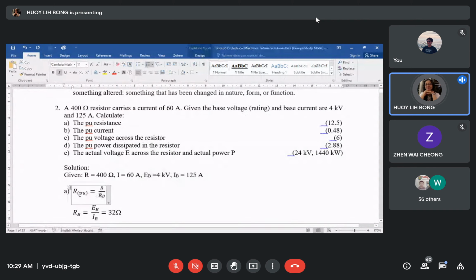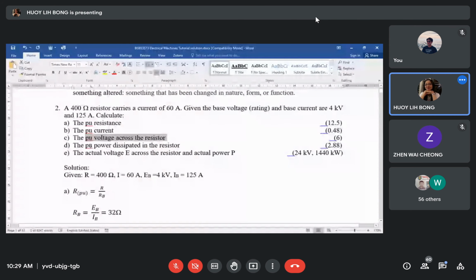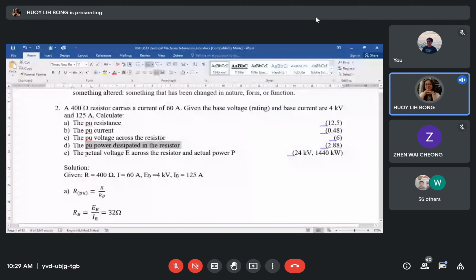So for this information, they ask you to find per unit resistance, per unit current, per unit voltage, Ohm's law, E equal to IR. And also you can find the power. Then you can find the actual voltage across the resistor and actual power. You just use the equation only.